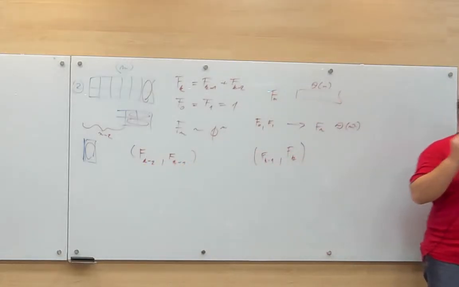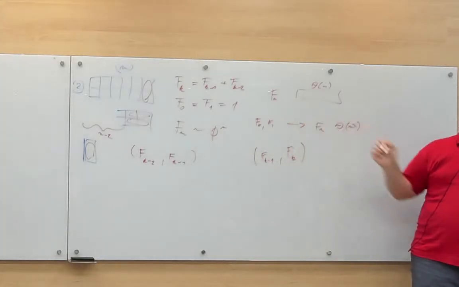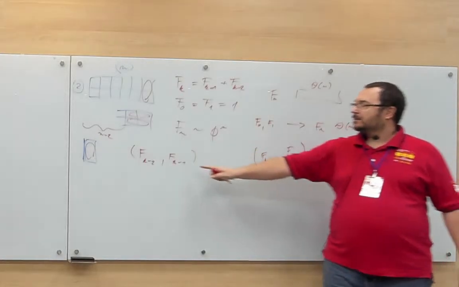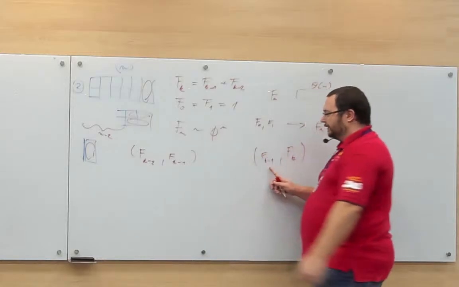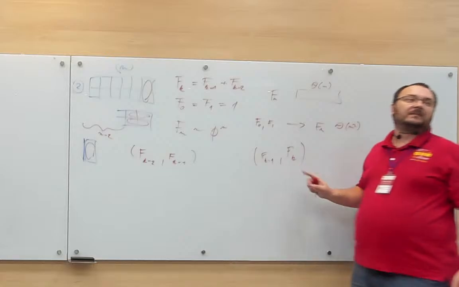And the key thing to realize here is that each of these values is simply a linear combination of the values on the left. This one is 0 times this plus 1 times this, and this one is 1 times this plus 1 times that.